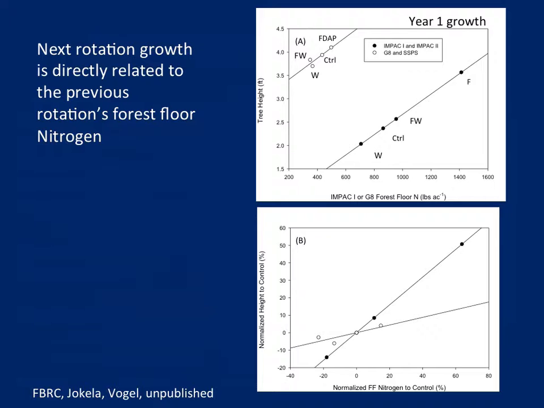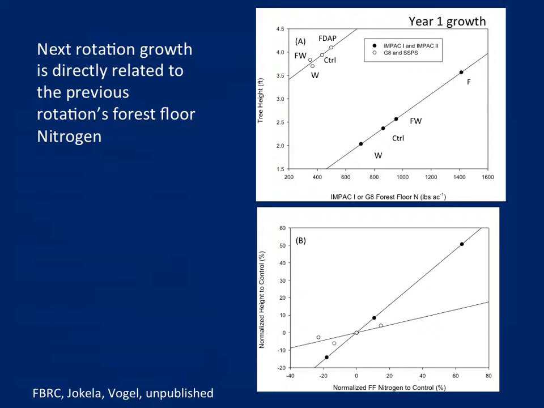G8 is over here. This is only after 1 year's growth, and it's a much tighter grouping amongst the different treatments. Weed control, again, is on the downside of the controls, and fertilization plus weed control is actually even a little bit further south of that. Fertilization alone is having, again, a positive effect on the next rotation's growth.